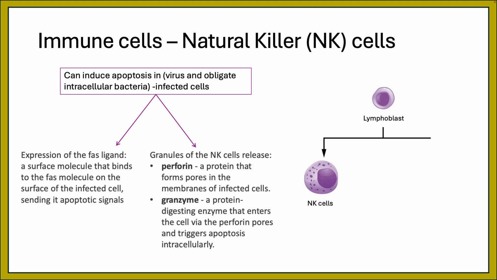It does this because of the expression of the Fas ligand, a surface molecule that binds to the Fas molecule on the surface of the infected cell, sending it apoptotic signals. Ultimately, this results in the release of the granules. Two things that they have are perforin, a protein that forms pores in the membranes of infected cells, and granzyme, a protein digesting enzyme that enters the cell via the pores that are made and helps to further kill the cell.